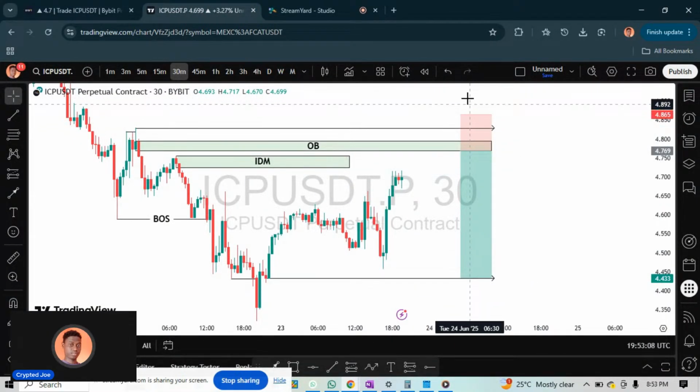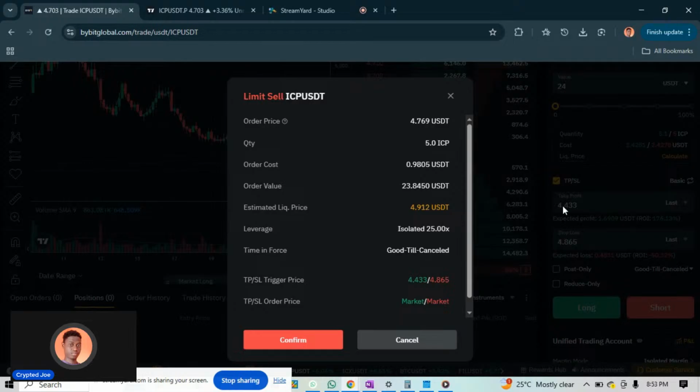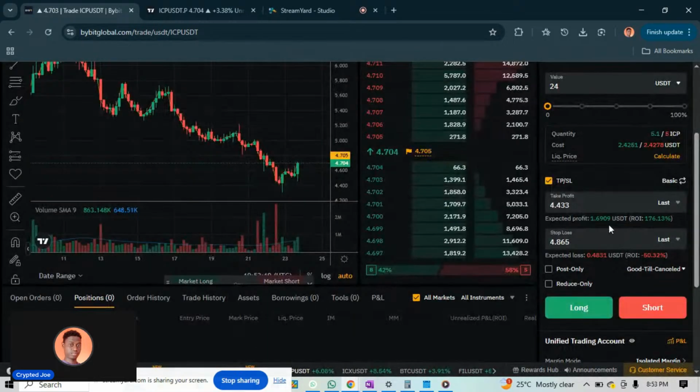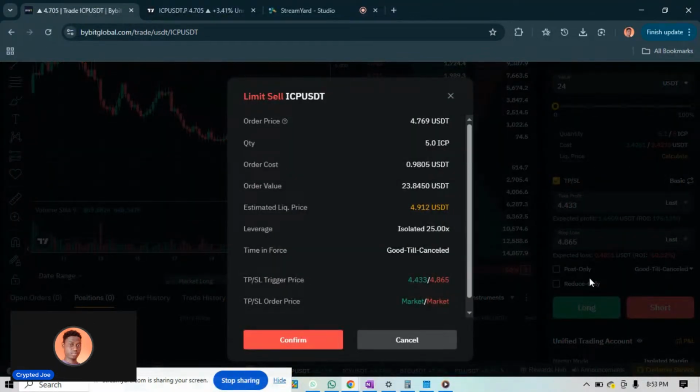If my stop loss is lower than my liquidation, it will kick me out with my little loss rather than hitting my liquidation and losing the whole of this particular amount I'm entering the trade with. I will not lose 2.42, rather I will lose 0.5. You understand? So if you are shorting a coin, make sure your stop loss is lower than this.